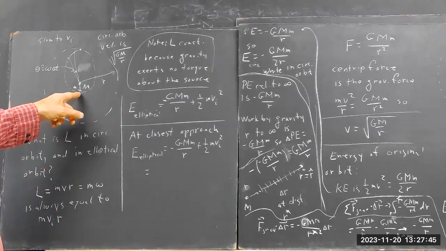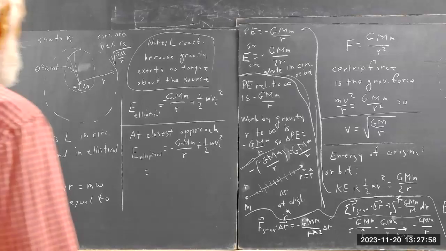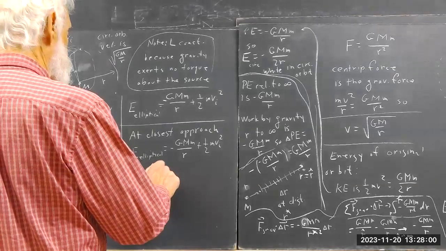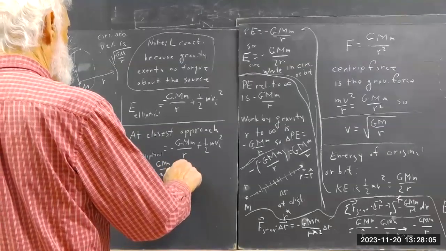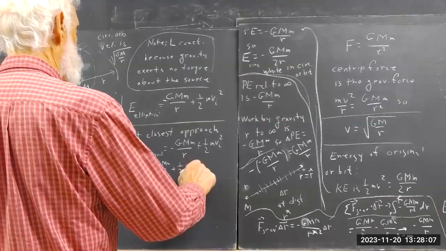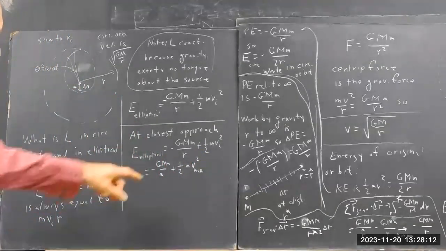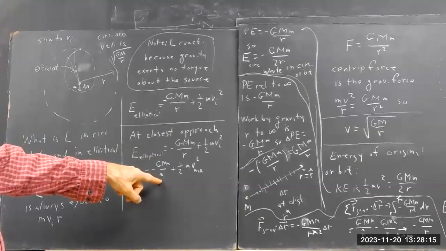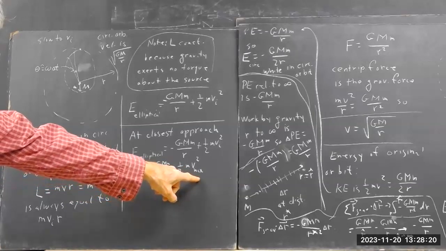Well, what's its potential energy? What is its distance A? I'm going to say it's negative big G, big M, little m over A, plus 1/2 m times the maximum velocity squared.